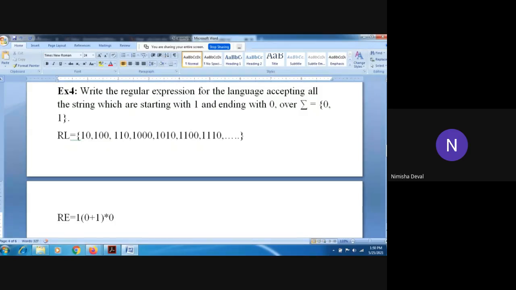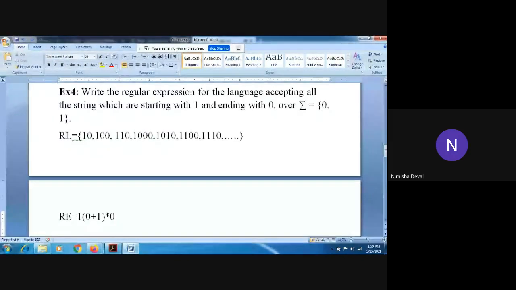Okay. So whenever they give you a statement that our string starts with some symbol and ends with some symbol, that part comes at the starting or at the ending, and the remaining logic comes in between those two. Right now they have not mentioned anything else, just starting with and ending with, and they have provided one set, 0 and 1.